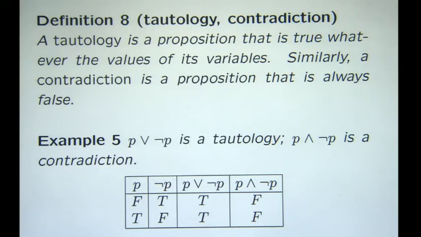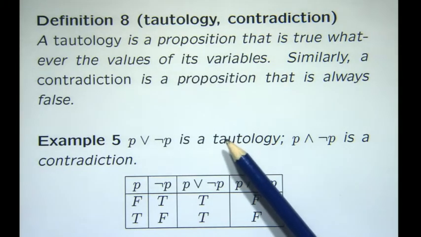You always get true. Never mind what the value of the inputs is, the result is true. We call that a tautology. And the very opposite of that, a contradiction, is no matter what input values you consider for the variables, the value that you get as a whole is just false every time. We call that a contradiction. So here are very simple examples of both of those.